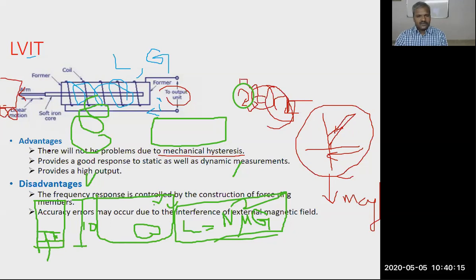Also this provides good response for dynamic measurements, when there is very fast motion, with very good frequency response. So because of the good frequency response of this LVIT, it is used for static as well as dynamic measurement. It provides very high output.